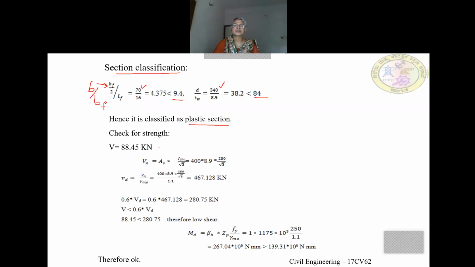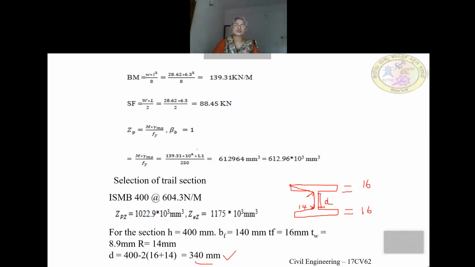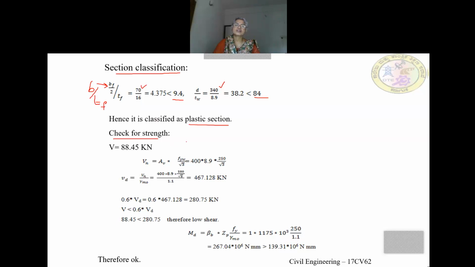Then next, to check the strength of the assumed section. We have chosen this section to take up the calculated ZP, so ZP was taken more than this. Now we will see what is its design strength MD.